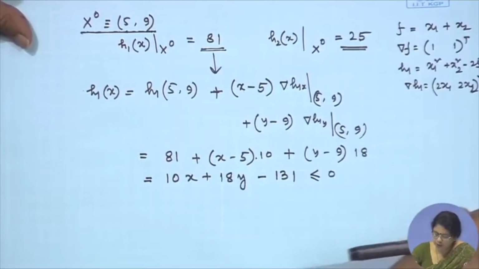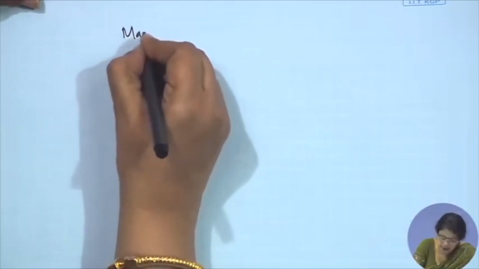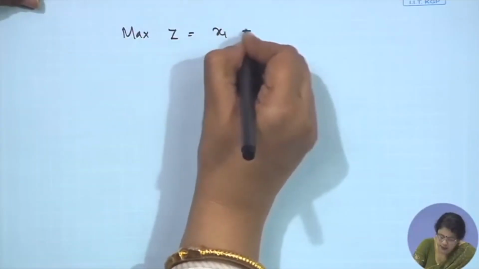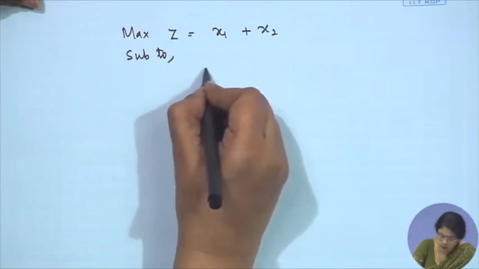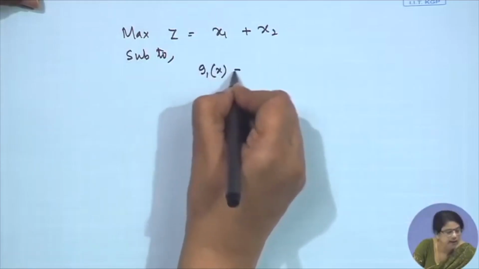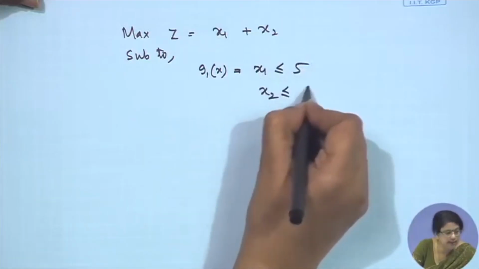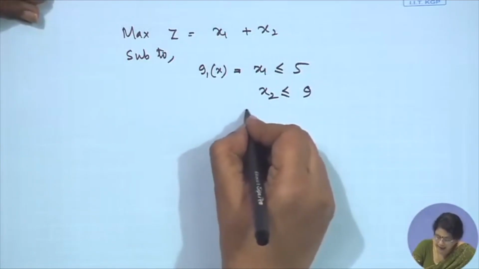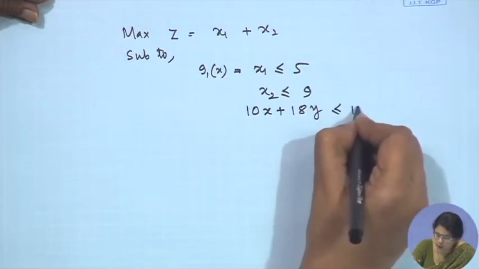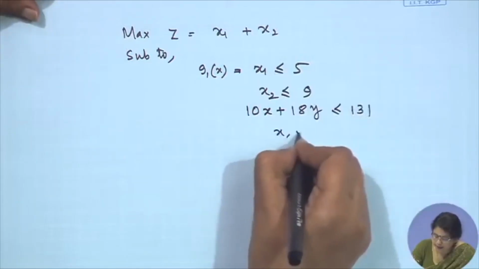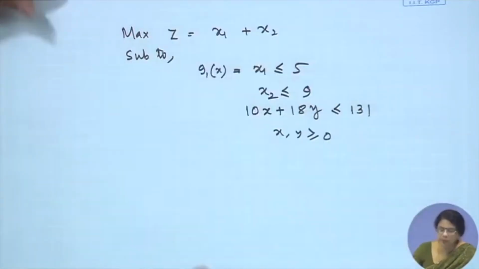So we will formulate the problem as maximization of z equal to x1 plus x2, subject to g1(x): x1 less than or equal to 5, x2 less than or equal to 9, and newly I will put 10x plus 18y less than or equal to 131, x, y greater than or equal to 0.